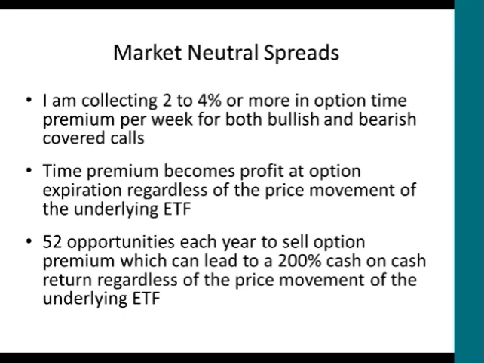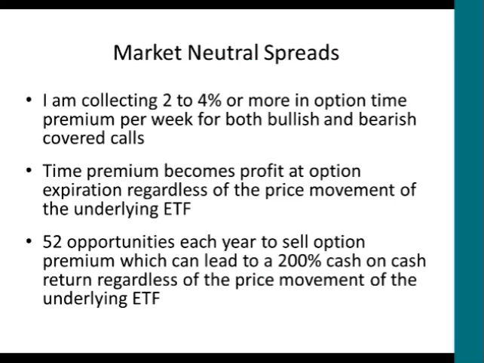Now, with these market neutral spreads, I'm collecting 2 to 4% or more in option time premium per week for both the bullish and the bearish covered calls. And as we mentioned previously, that time premium, that 2 or 4% that I collect, becomes profit at option expiration regardless of the price movement of the underlying ETF.